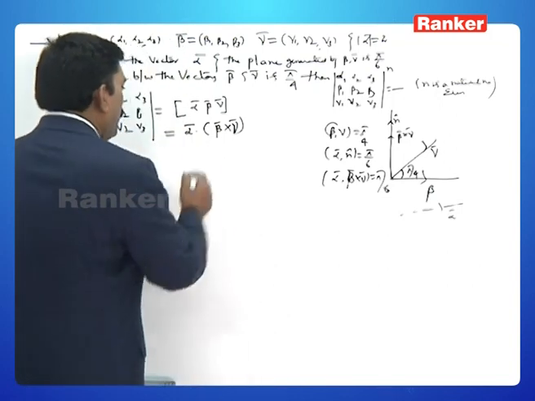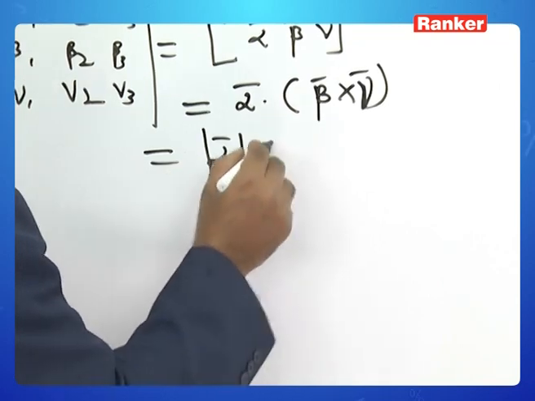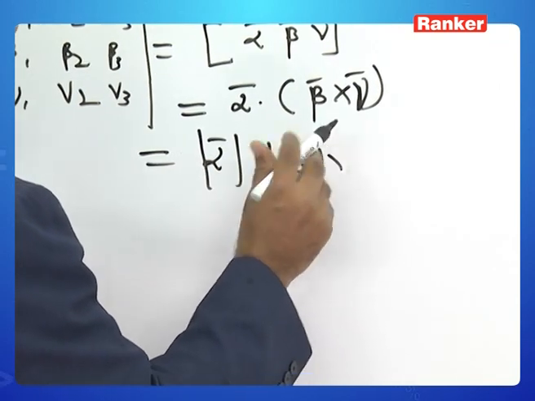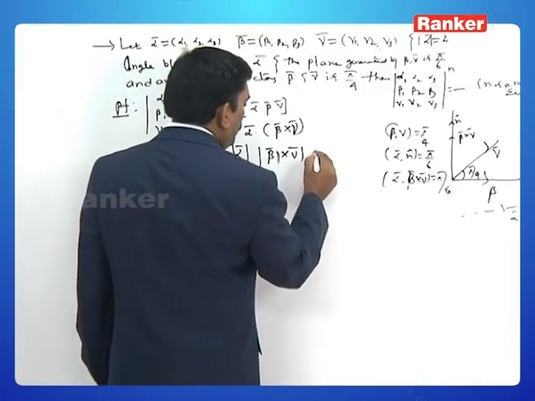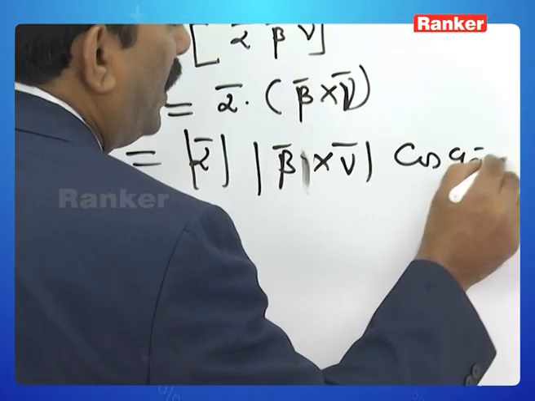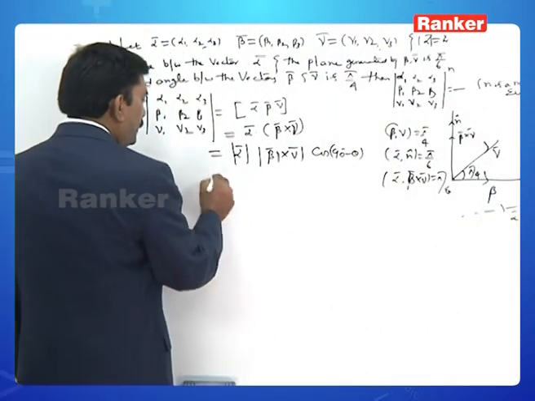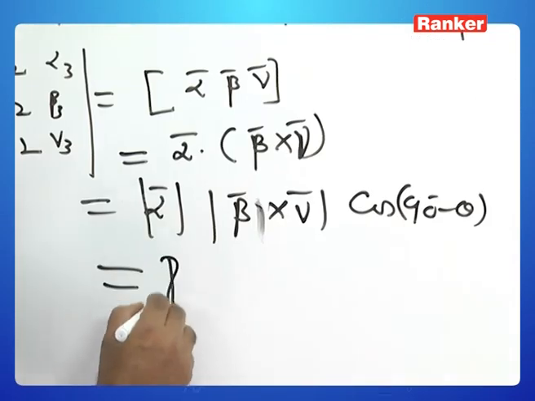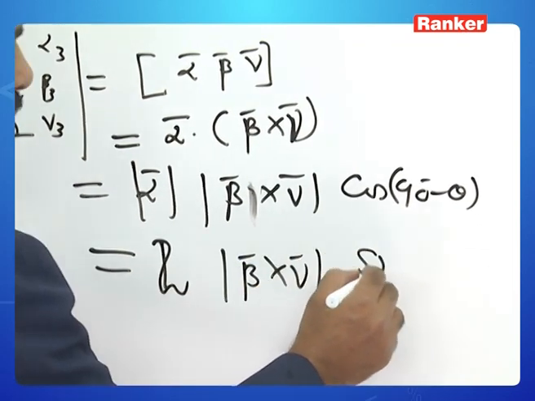So therefore, now I can take this one as modulus of alpha bar into modulus of beta bar cross gamma bar into cos of 90 minus theta. So therefore, this is nothing but 2 into modulus of beta bar cross gamma bar sin theta.